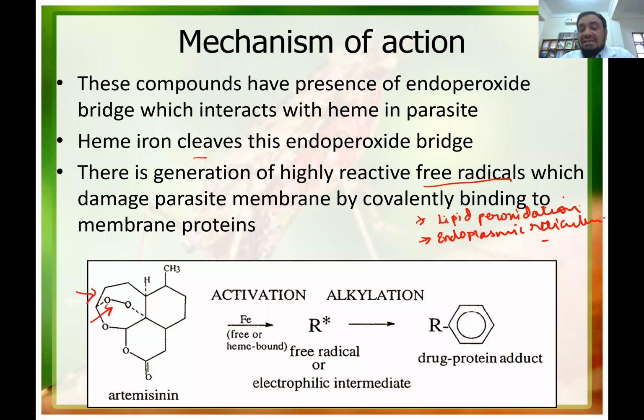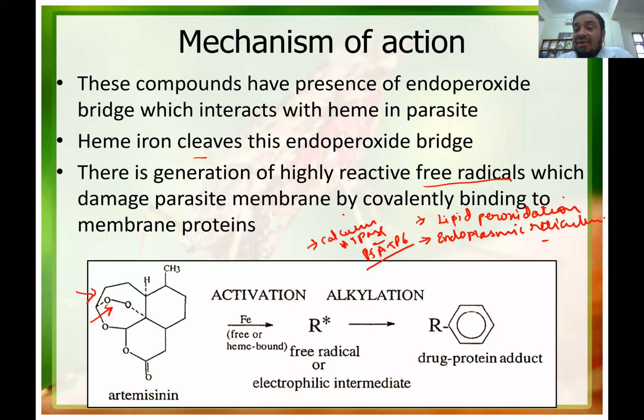A recent mechanism which has been found is that they inhibit the calcium ATPase of the sarcoplasmic reticulum of the plasmodium, known as PfATP6. Why are these artemisinin compounds so important?